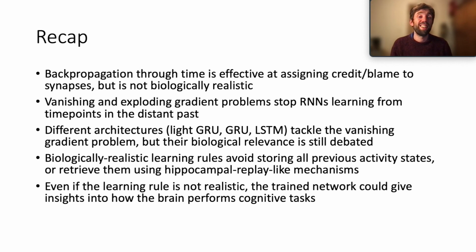We also saw that even if the learning rule used to train a network is not realistic, we can still learn some valuable information from the learned network. Sometimes these networks trained with backpropagation through time can give valuable insights and new hypotheses as to how the brain performs cognitive tasks or indeed other functions.